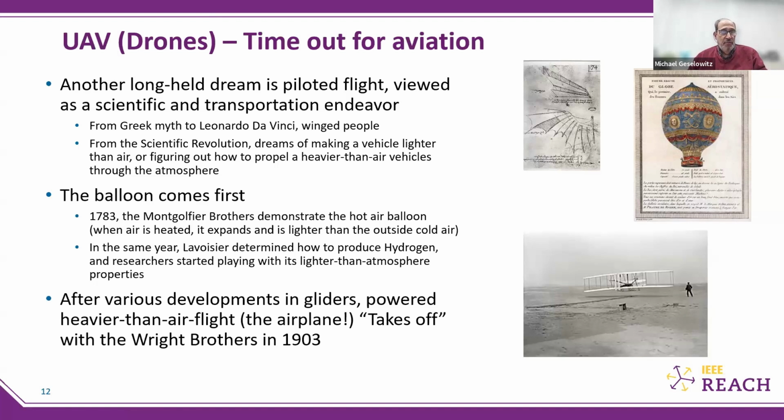As many of you know from history, hydrogen has a lot of advantages as a lighter than air gas, but it also is highly combustible, as was demonstrated in the Hindenburg disaster. Ultimately, helium is decided to be a better product, but anyway, ballooning becomes a major technology, based again on scientific principles and applied in a whole range of areas.